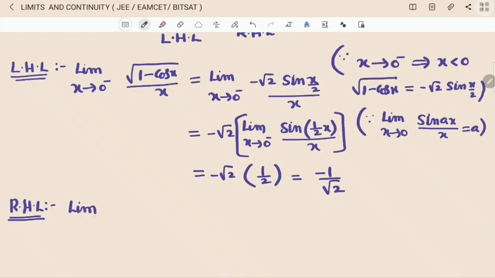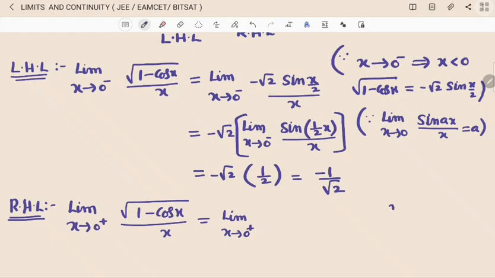Limit x tends to 0 plus root of 1 minus cos x divided by x. Here x is greater than 0. When x is greater than 0, root 1 minus cos x is equal to plus root 2 into sin x by 2.